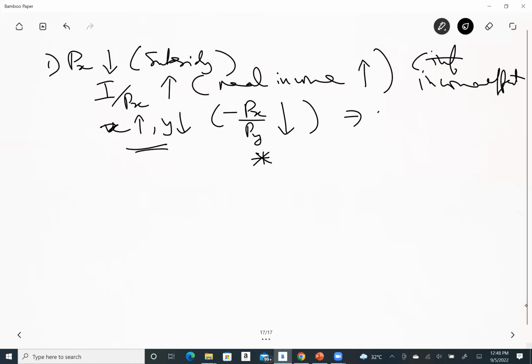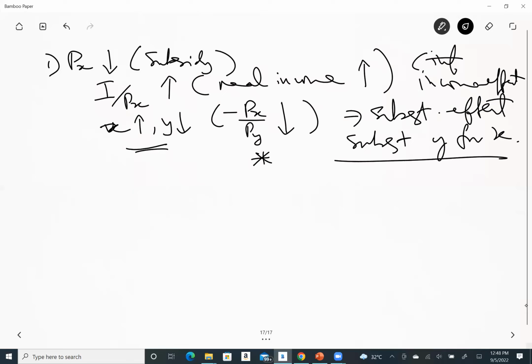So there will be a substitution effect. I substitute Y for X. I consume more X. Right? Increase consumption of the subsidized good.